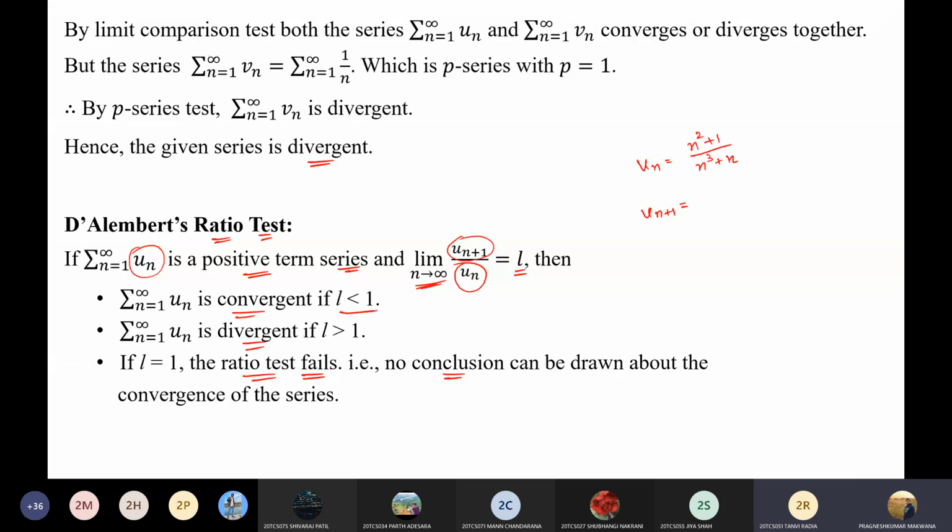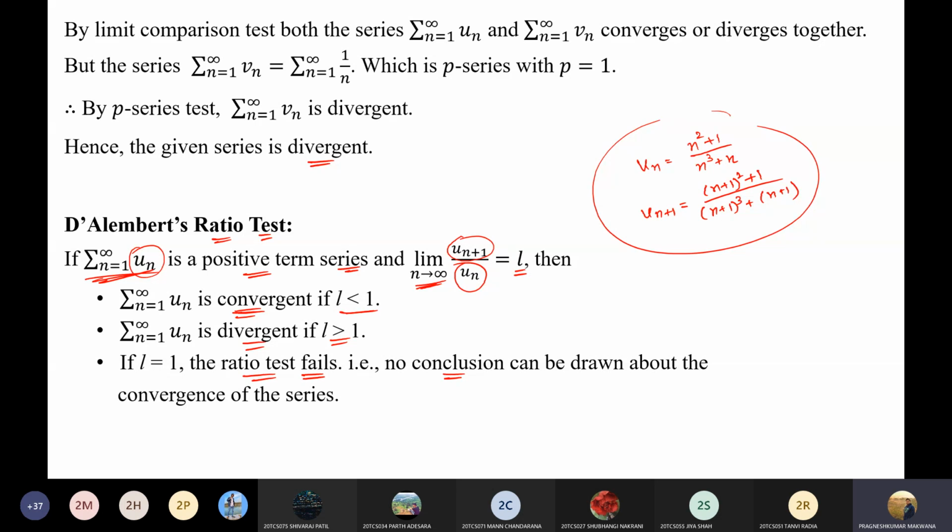Yes, n plus 1 whole square plus 1 upon n plus 1 whole cube plus n plus 1. Very good. Now we find the ratio and apply the limit. If the answer is less than 1, the given series is convergent. If the answer is greater than 1, then the given series is divergent. So you can see that this is a very simple test.